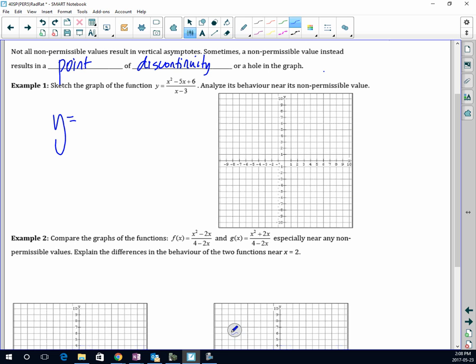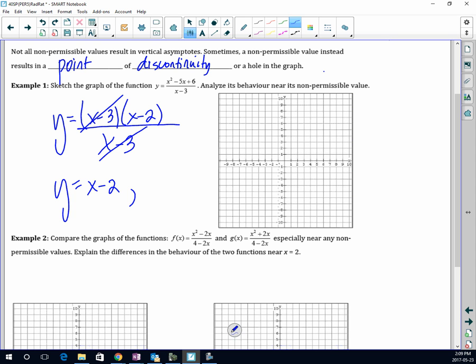So this is (x minus 3)(x minus 2) over (x minus 3), and the x minus 3 cancels. So we're left with y equals x minus 2. However, I did cancel out a non-permissible value, so I need to put a comma and tell the person graphing that x cannot equal 3 because the original function had a non-permissible value. So you can't just take that away because you divided it out.